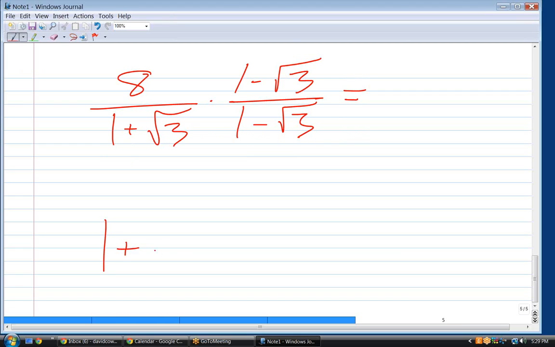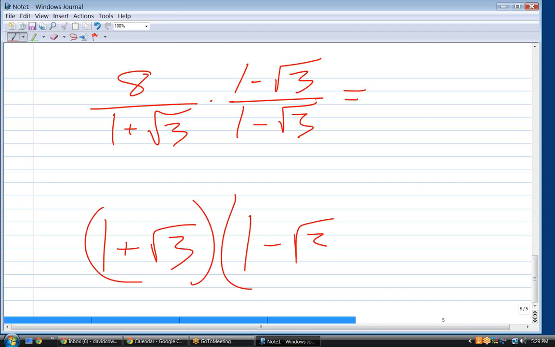When I take 1 plus, let's do the bottom first. How do you multiply these two together? Did they teach you something called FOIL? When you're multiplying a binomial by a binomial, you want to FOIL it. So the first things you multiply together are the first two terms.